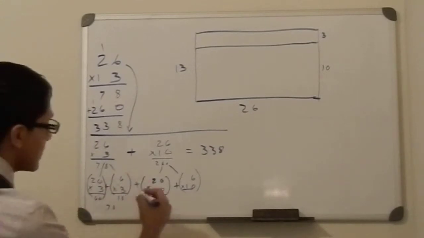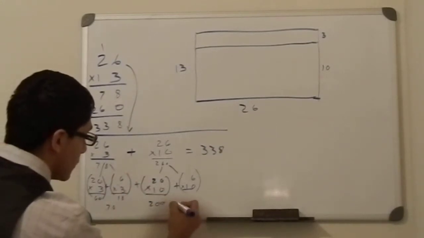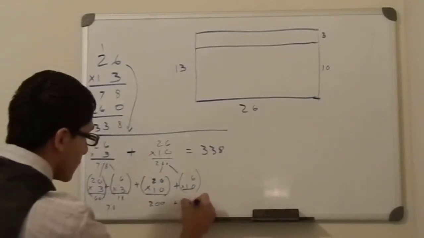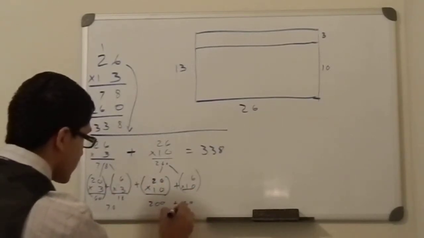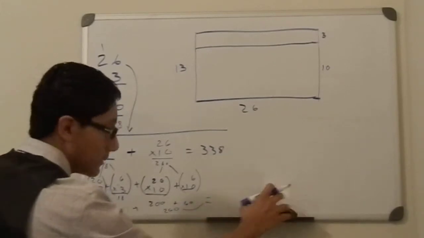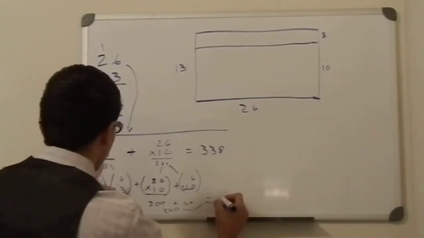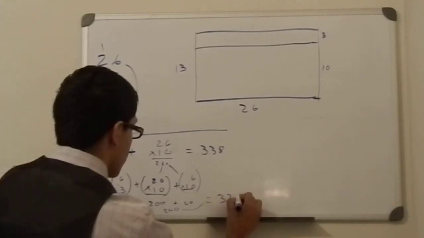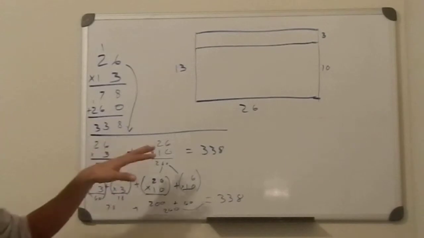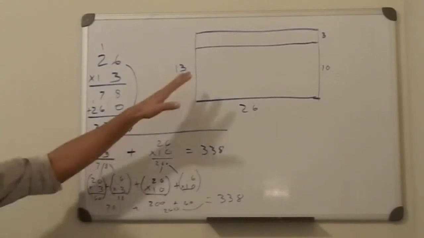And then 20 times 10 is 200. Plus 10 times 6 is 60. And we get 260. And we add these up, and then we get 338. And that is why this works. And we could see this visually here.